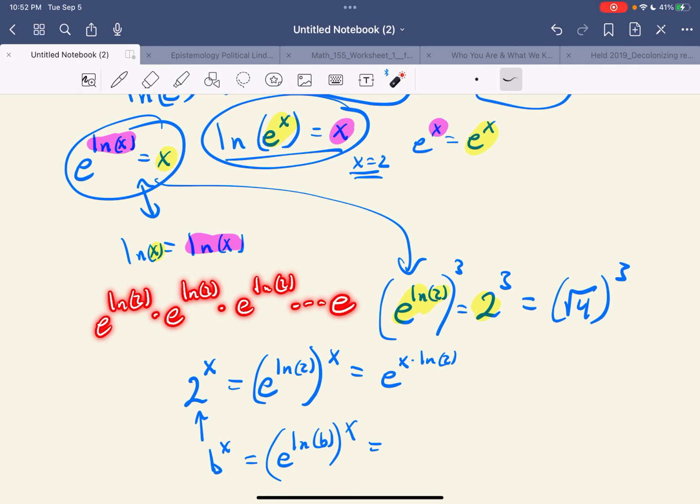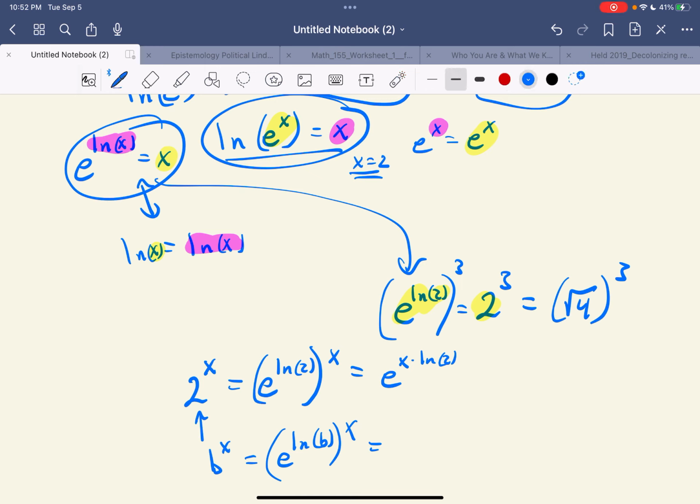And how many copies do we have? Well, we have x many copies, because that's the power on e to the ln of 2. So if I have 2, 2, 2, three times, that's the same as 3 times 2. If I have it x times, that's the same as x times 2. So that's what's going on here.